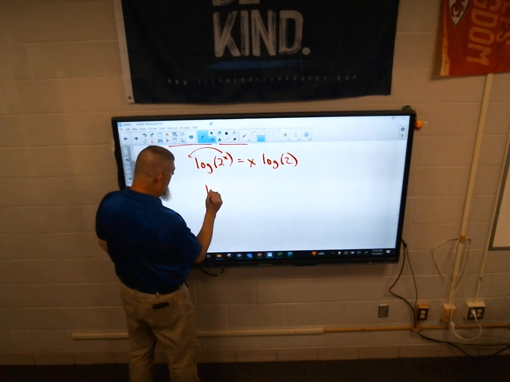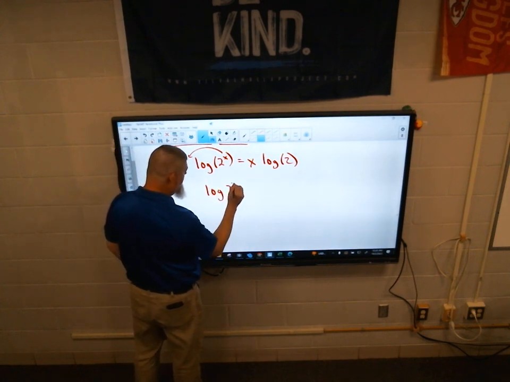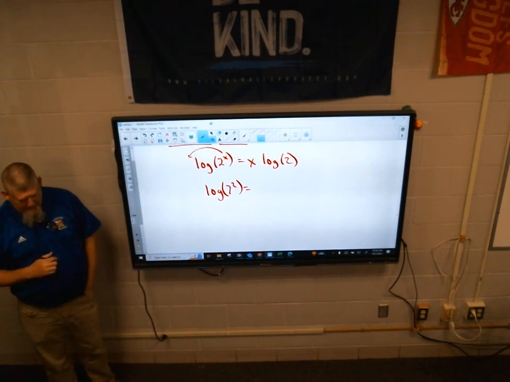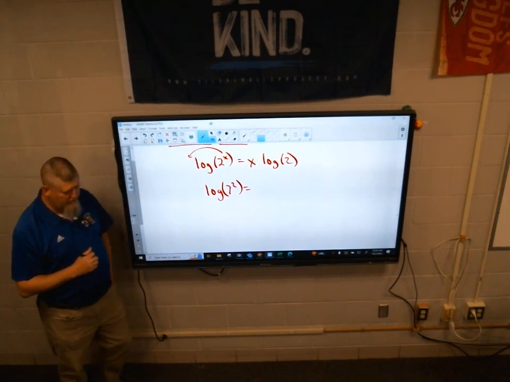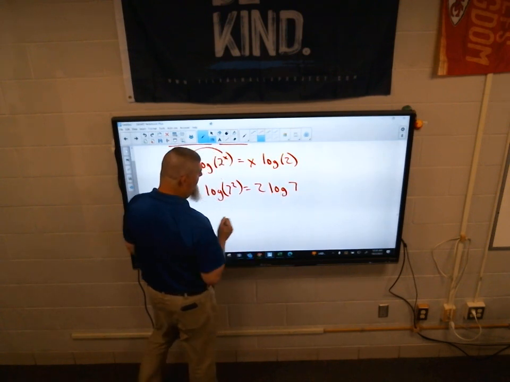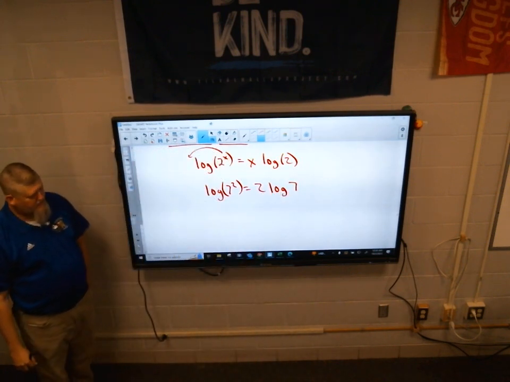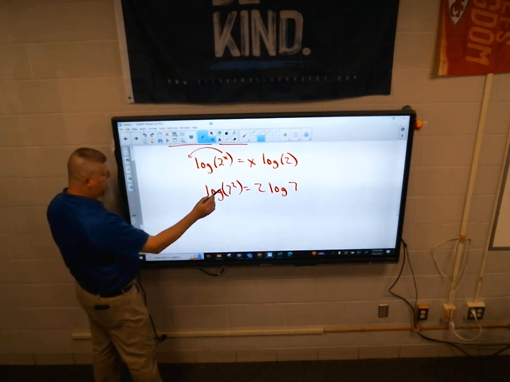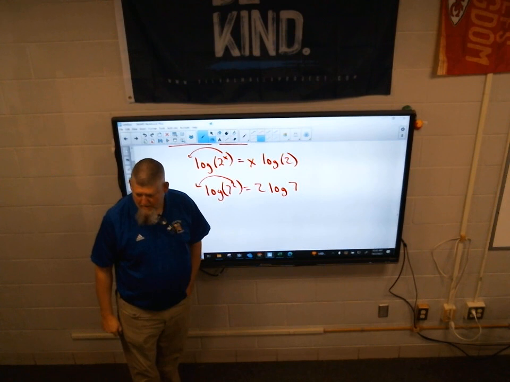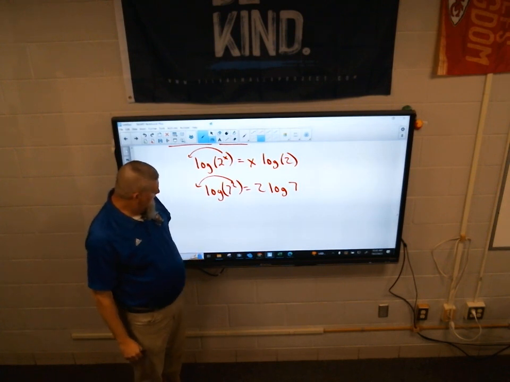So if I give you log of 7 squared, well, we know that is going to be the log of 49. What can I do with the 2? It's the same as 2 times the log of 7. Simply move it to the front. Do you have to put parentheses around the 7, like you do the 2?